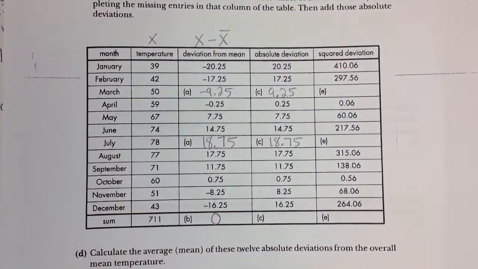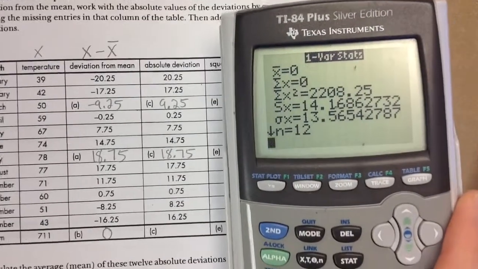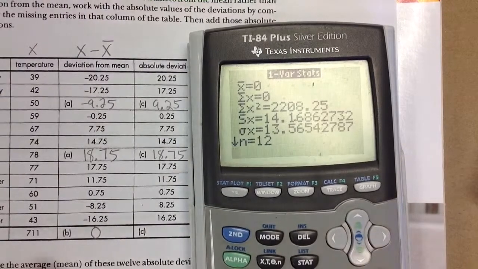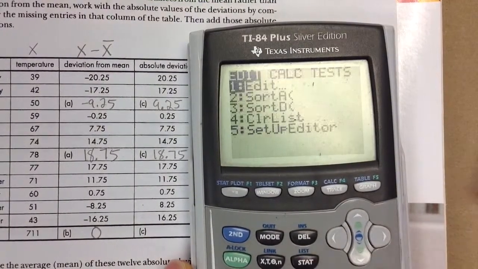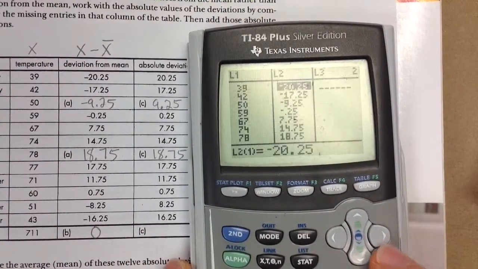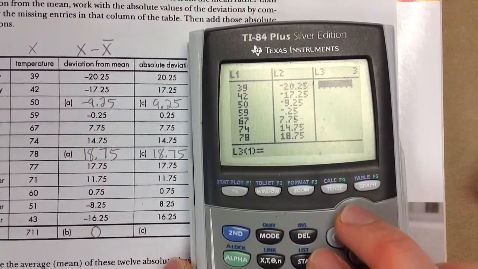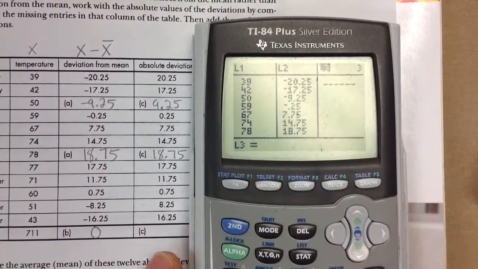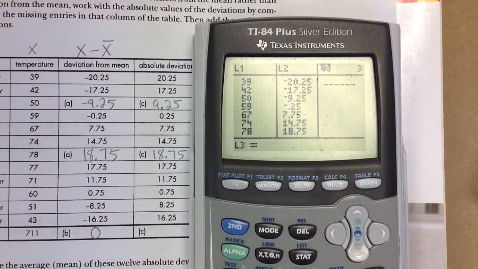Again, let's be lazy, or maybe more efficient is a more appropriate word for it. And let's have our calculator do this for us. Let's do this in L3. Does anyone know where the absolute value is, Laura? Math. Yes.